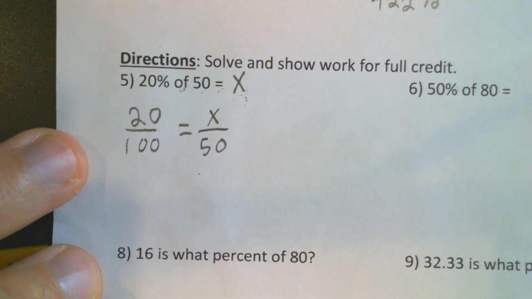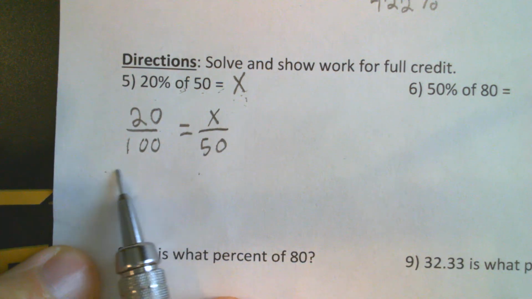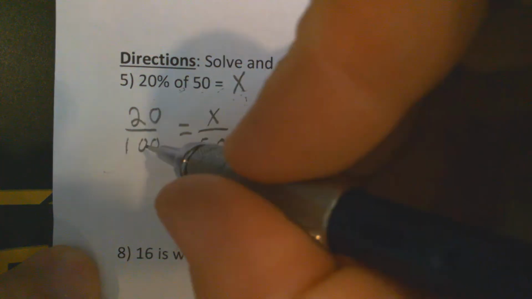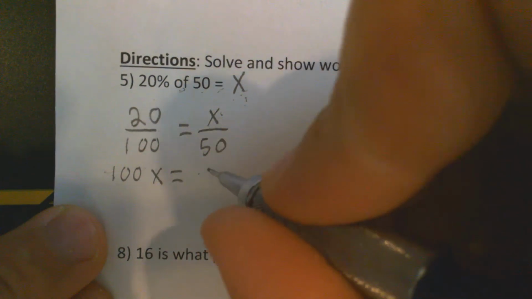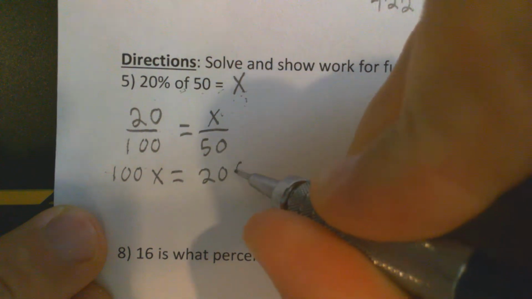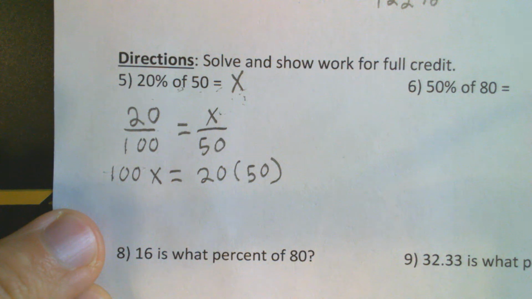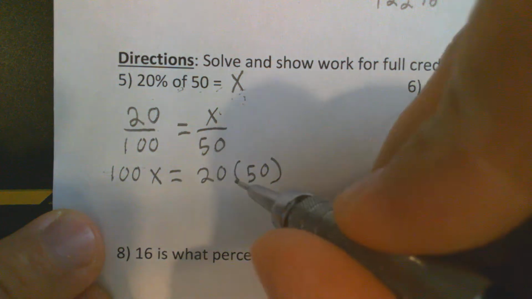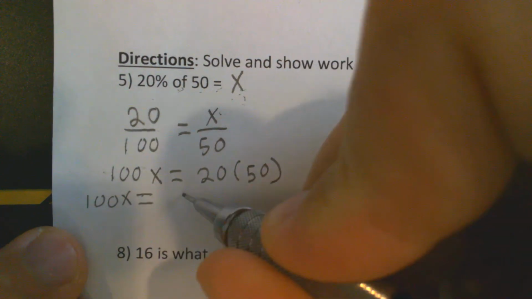When I cross multiply, I like to multiply the variable first. That way it will be on the left. So we have 100 times x. That's going to equal 20 times 50. 20 times 50 is 1,000. So 100x equals 1,000.